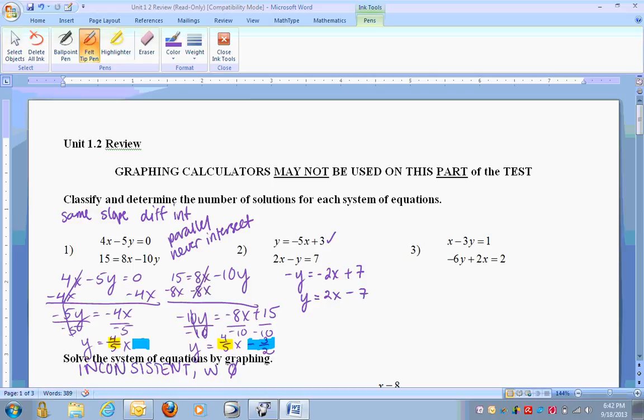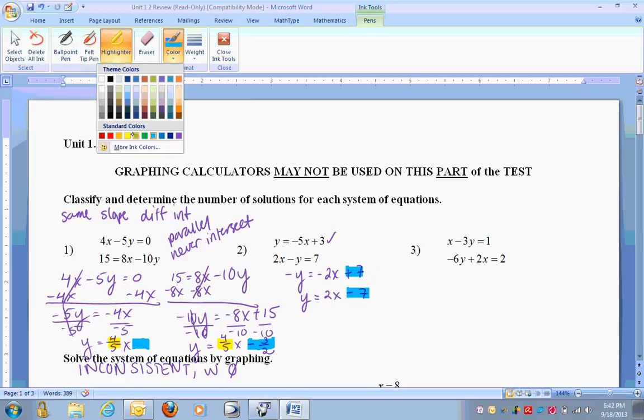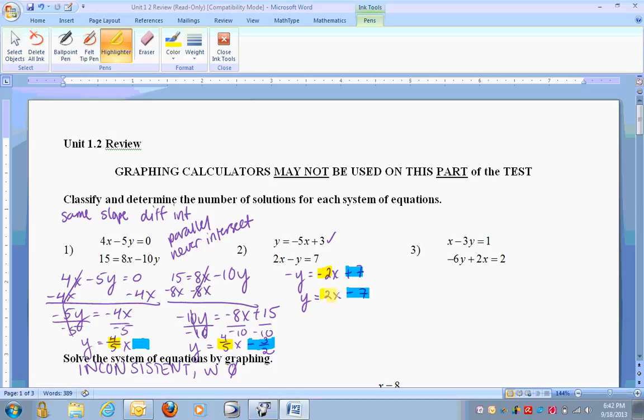Okay, well, you notice that, again, the y-intercepts are negative 7 and positive 7. So they have different y-intercepts and different slopes. Well, automatically, if they have different slopes, you can go ahead and assume that they will intersect, and that means that they're consistent and independent with one solution.